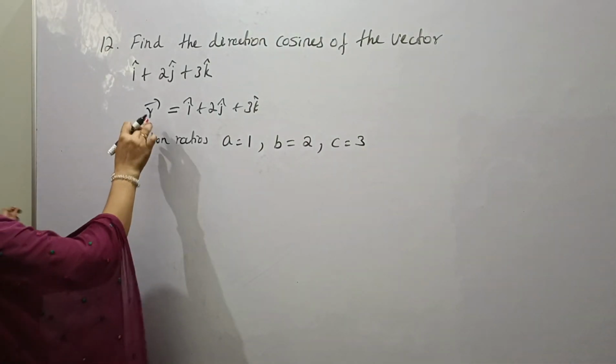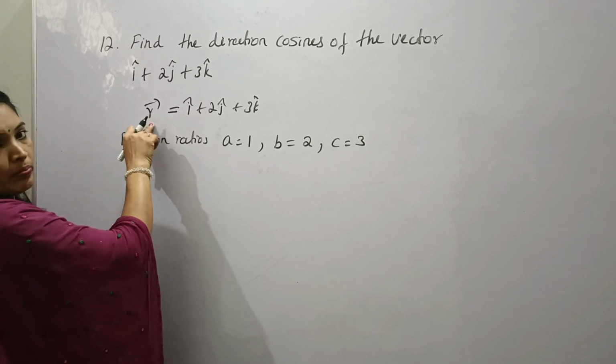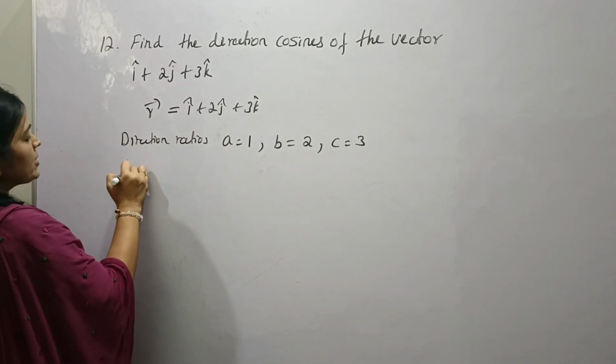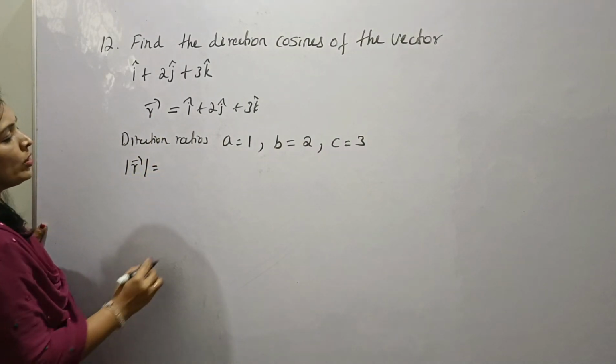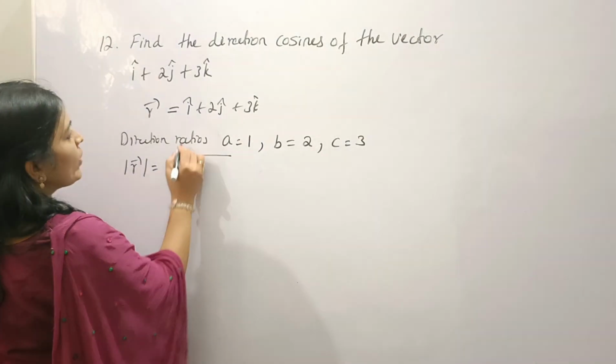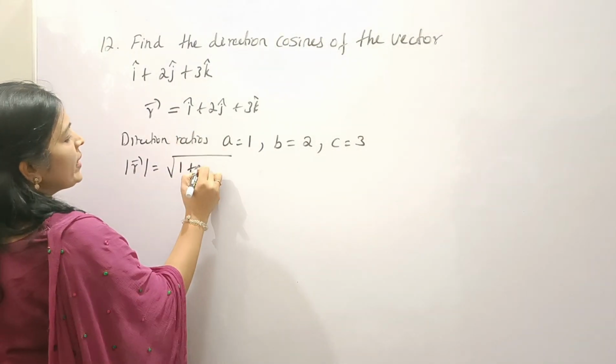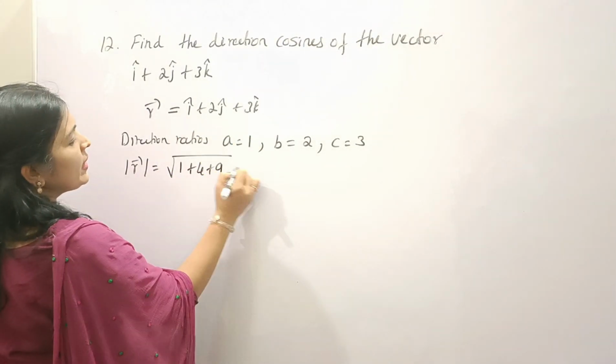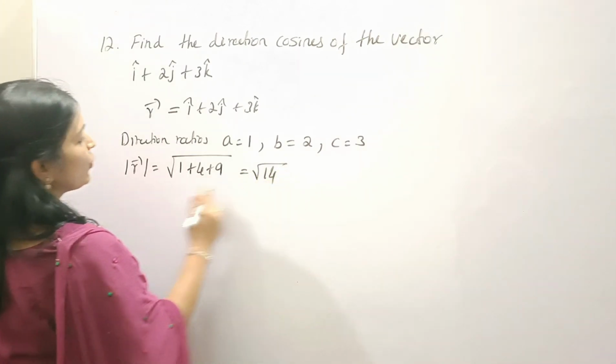Then let's find the magnitude of vector r. That is modulus of vector r is equal to square root of 1 square 1 plus 2 square 4 plus 3 square 9. That is square root of 14.